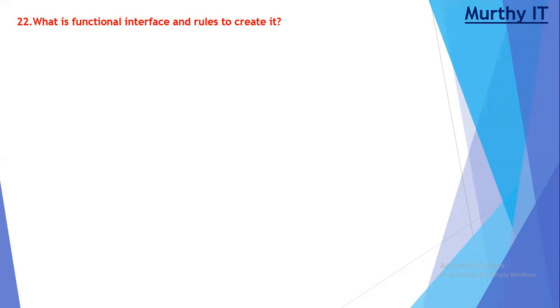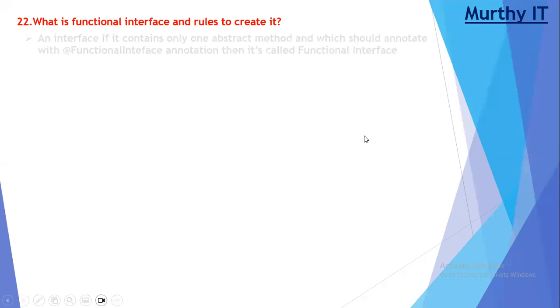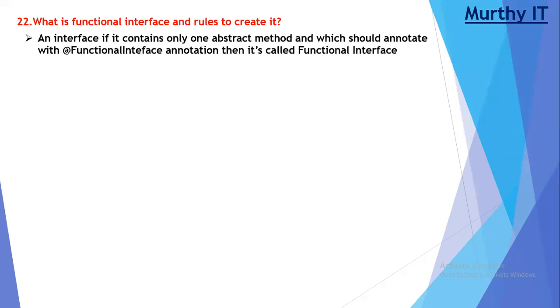So basically, a functional interface contains only one abstract method, and which should be annotated with the @FunctionalInterface annotation. Then it's called a functional interface. People will get a doubt here.